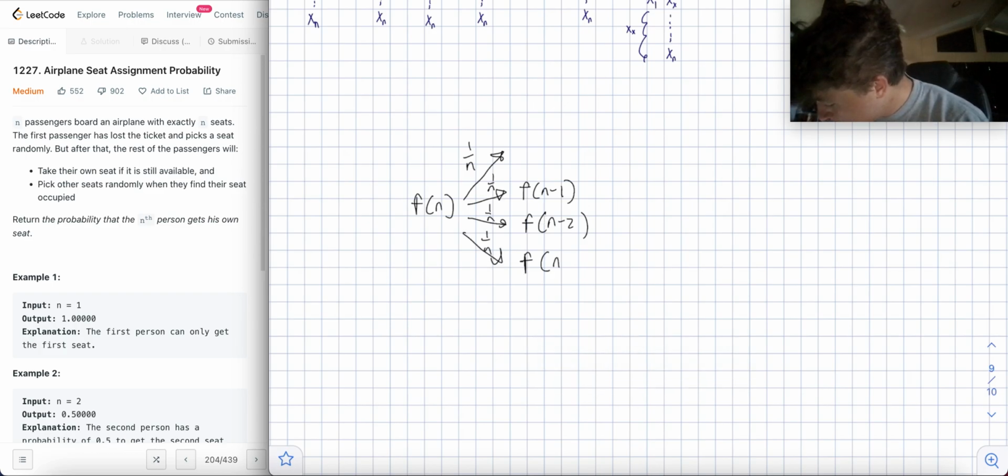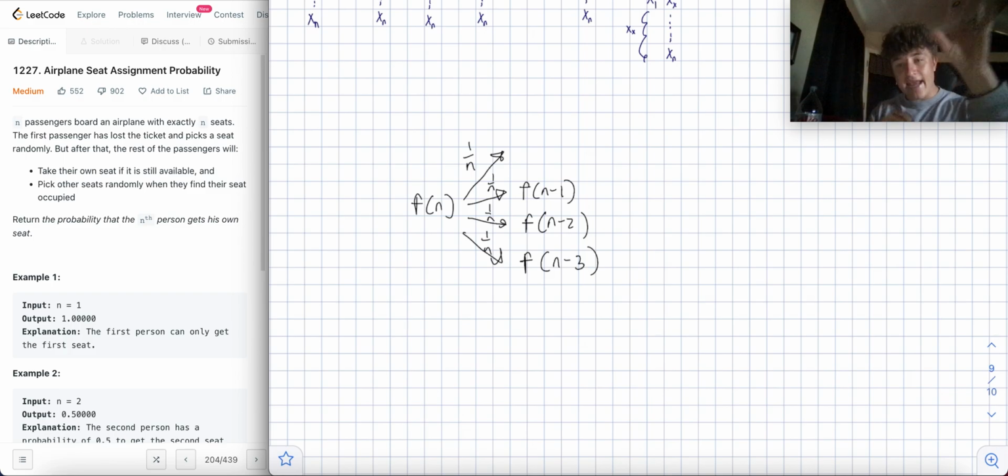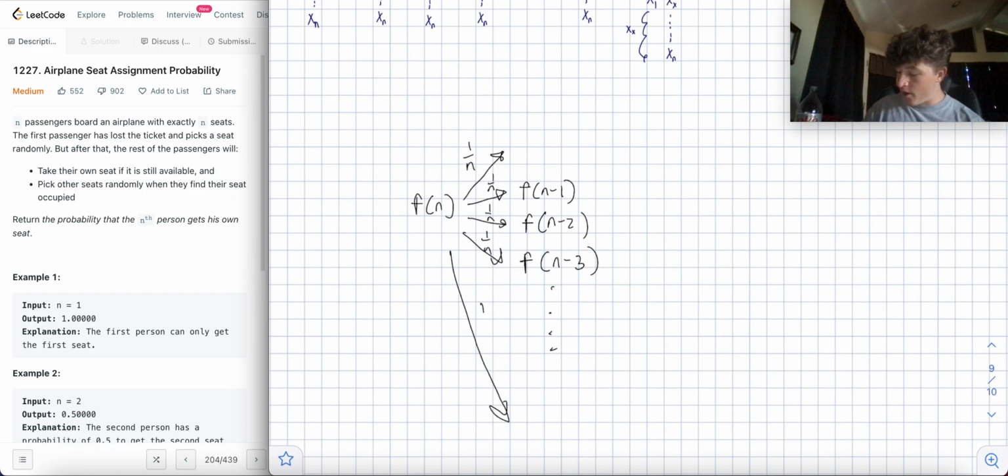If A selects seat D, then person B will select seat B because they'll see it open, person C will select seat C because they'll see it open, and then person D will be the one who has to deal with the problem. So this goes all the way down. And of course, there's the last one, 1/n, where it doesn't work out.